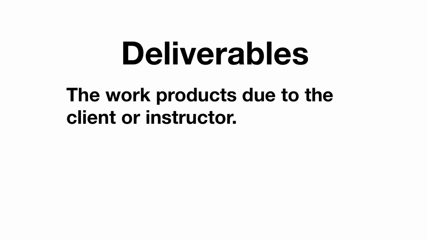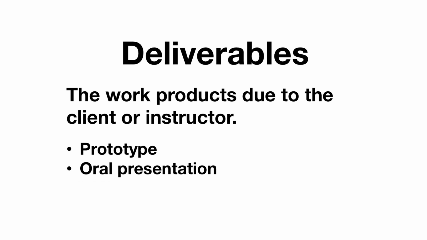Now, there are two places to look for these products when creating your work breakdown structure. The first is the class deliverables. The second are steps in the engineering design process. Deliverables are things that you may need to deliver to a client. It might be a prototype or an oral presentation or a written report.